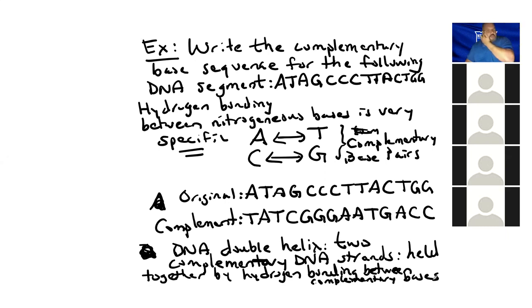So keep that in mind: your DNA double helix is 2 complementary DNA strands winding about each other like a spiral staircase, held together by hydrogen bonding between complementary bases.